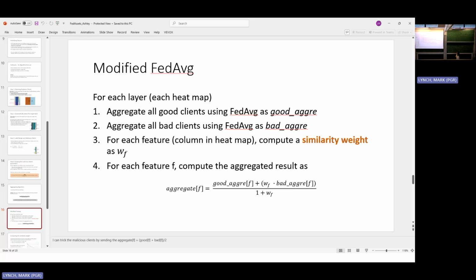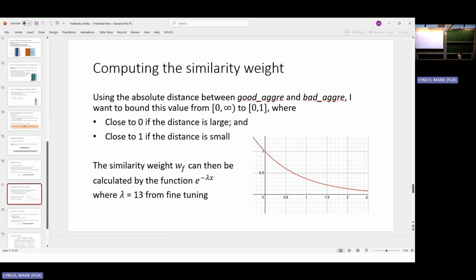In order to calculate this similarity weight, we take a look at this bound from 0 to infinity as our domain, and we want to map it to a range of 0 to 1. We want the score to be close to 0 if the distance between the malicious clients and the benign clients is large, and when it is very small, which means they are very similar, we want it to be close to 1.